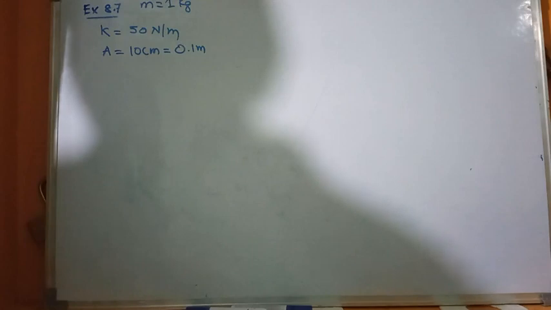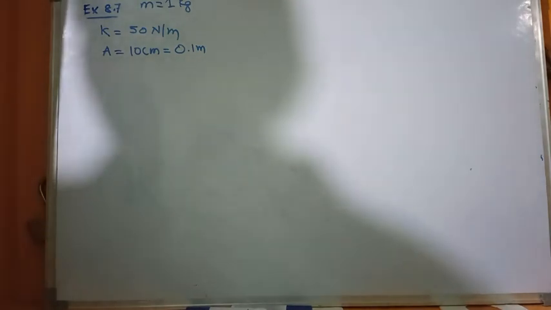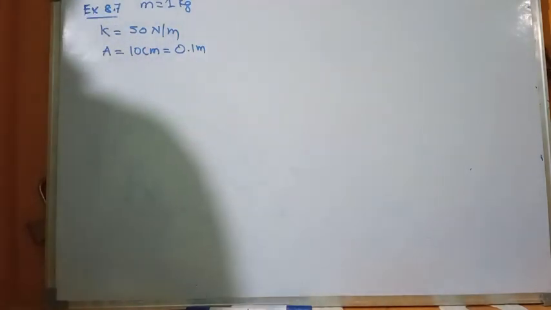So this is the data given here, and by this we can calculate the kinetic energy, potential energy, and total energy when the block is at 5 centimeters away from the mean position.